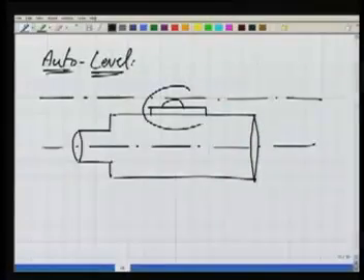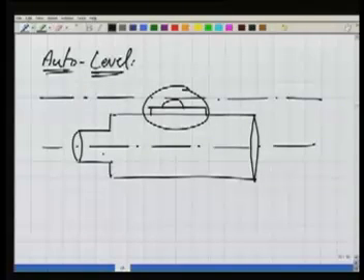Okay, let's now look at another level, which is the auto level. Now in the usual level, we saw that we have a level tube and it is helping us to make the line of sight horizontal. Well, we are thinking of some innovative way of making the line of sight horizontal. What could that be?